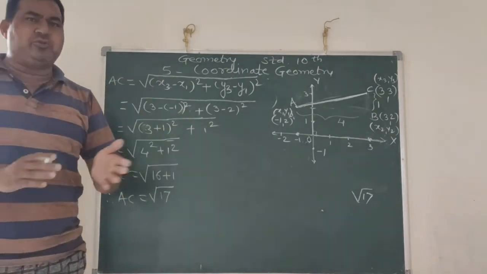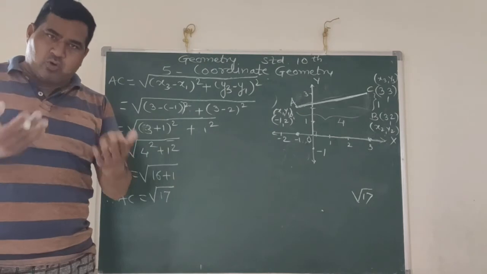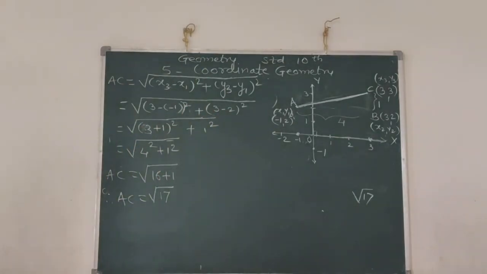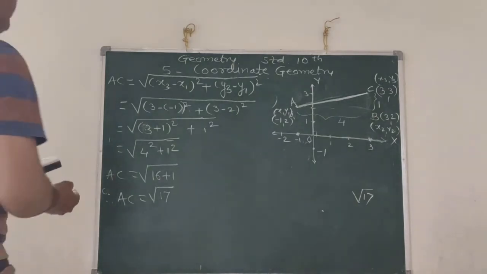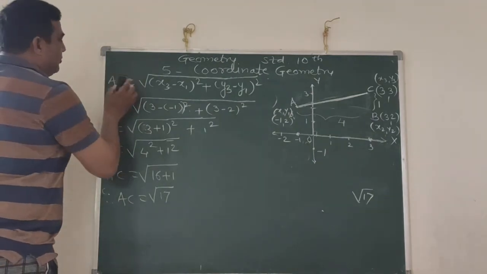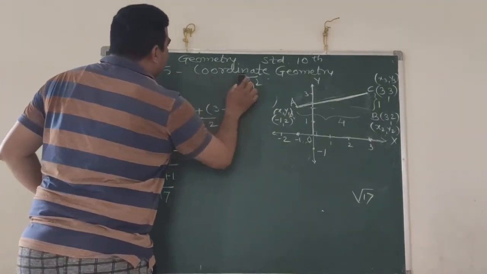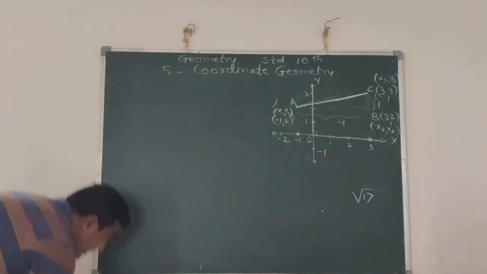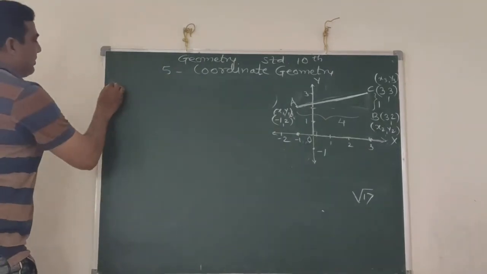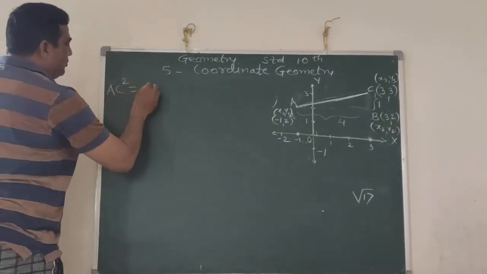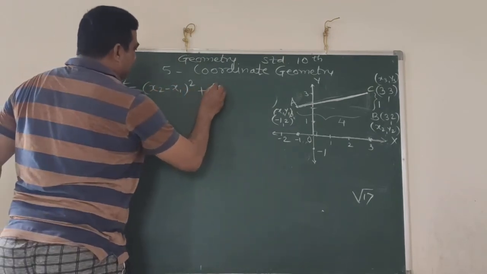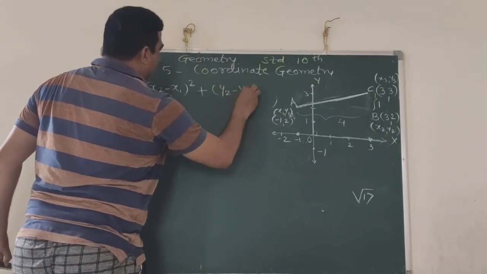Generally for only 2 points, you can use x1, y1, x2, y2. If there are more points, then x3, y3 and so on. So purposefully we will use that, and using this we will find the distances. Sometimes, instead of using the square root sign, you can use this one also: AC square equal to x2 minus x1 bracket square plus y2 minus y1 bracket square.